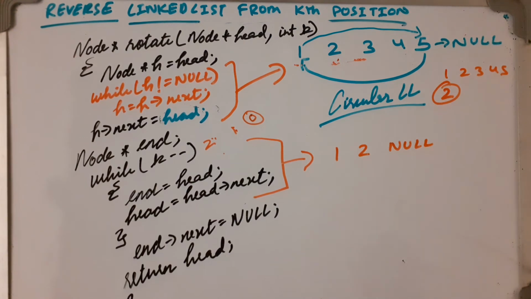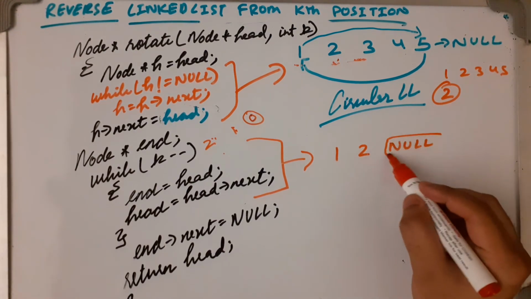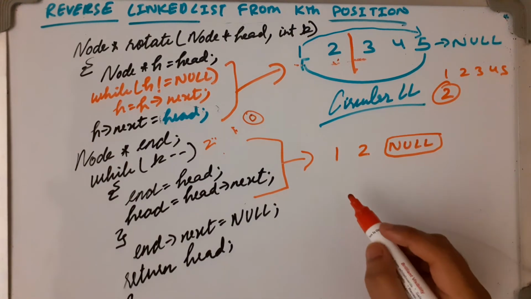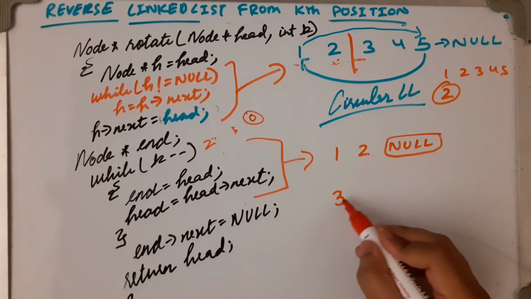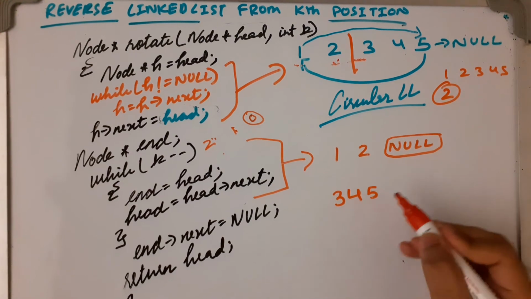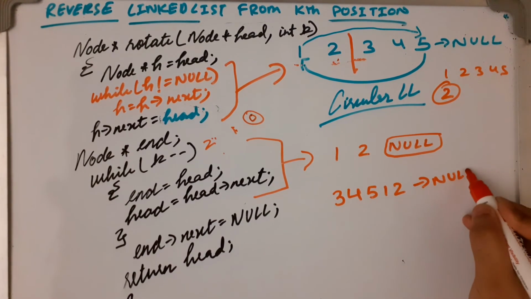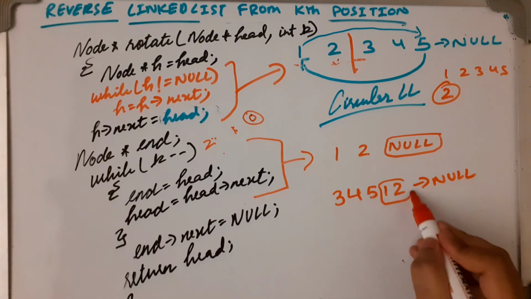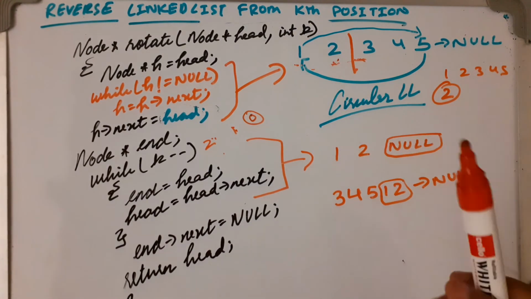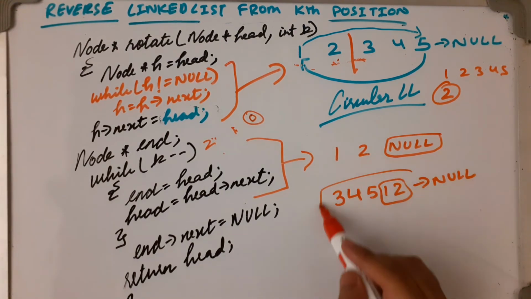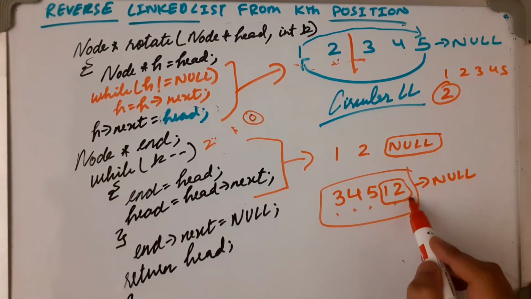You already know in a single linked list, in the end comes null. So it breaks the circular linked list here, and the linked list will start from 3 4 5 and 1 and 2. After 2 we put a null, so it means it is the end of the linked list. Obviously, when you print the linked list, it will print 3 4 5 and 1 2.